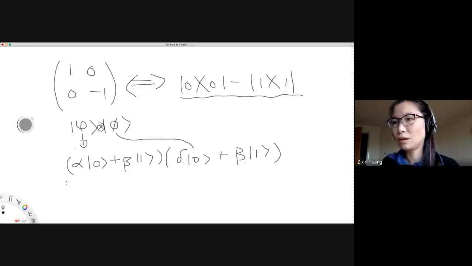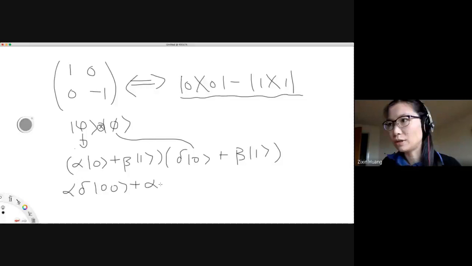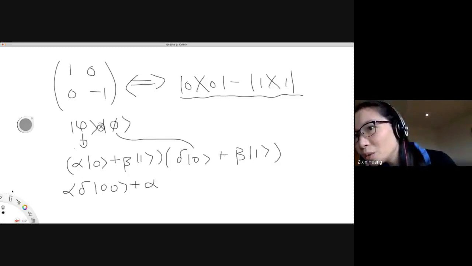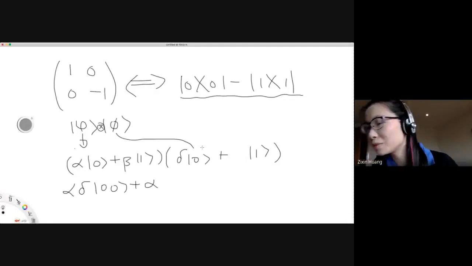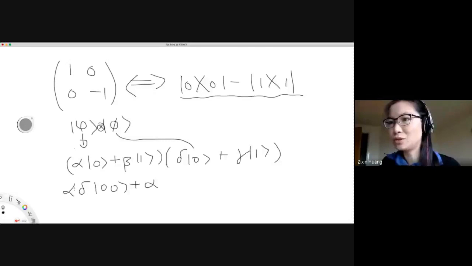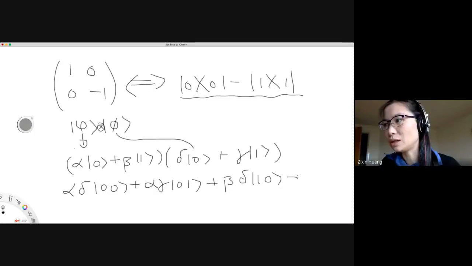Then this becomes alpha gamma 00, plus alpha delta 01, plus beta gamma 10, plus beta delta 11.